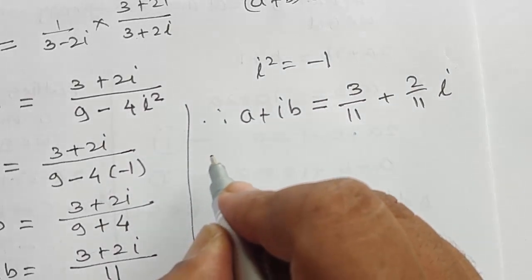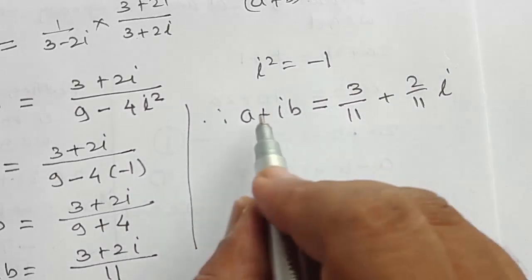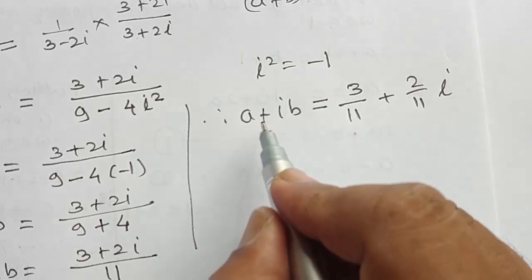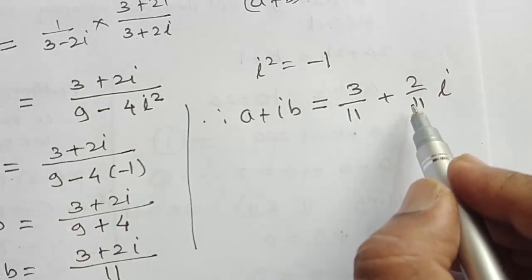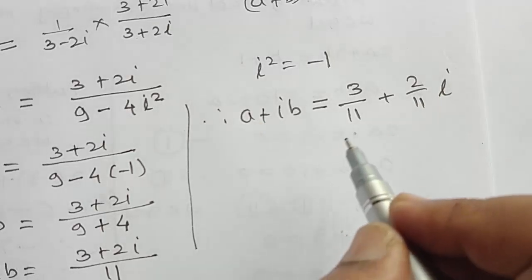Now, comparing left hand side and right hand side. Left hand side is a complex number, right hand side is also a complex number.